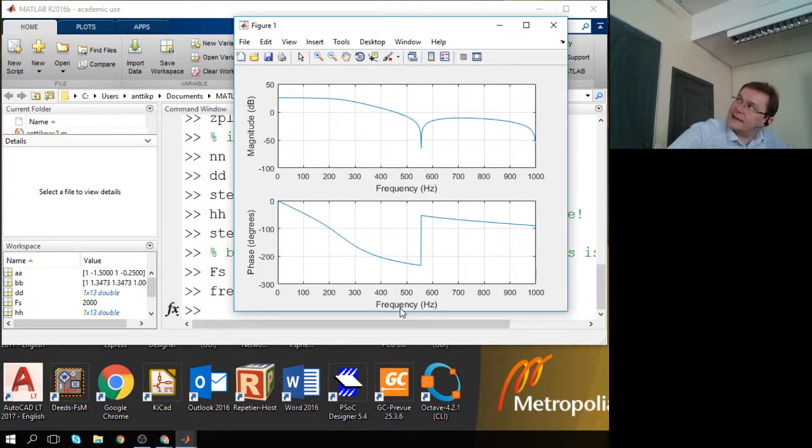That's nice. That's a frequency response of the system, and look at the scale here. Okay, that's about 70 dB. The difference between this and my whiteboard picture is that I didn't plot it in logarithmic scale.